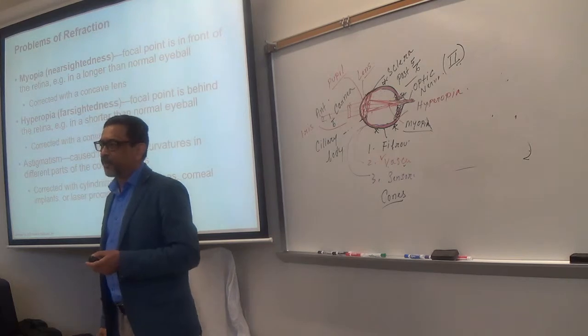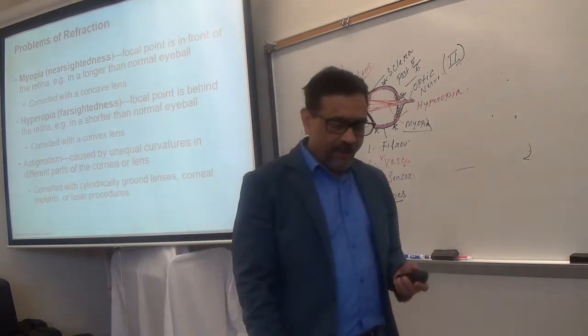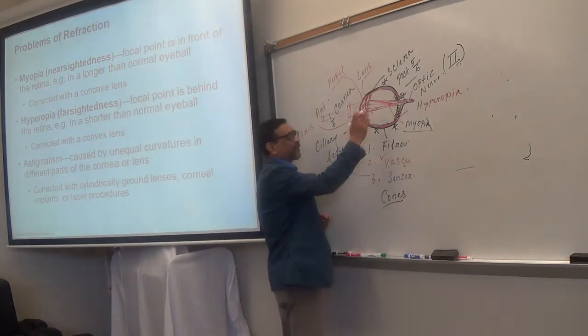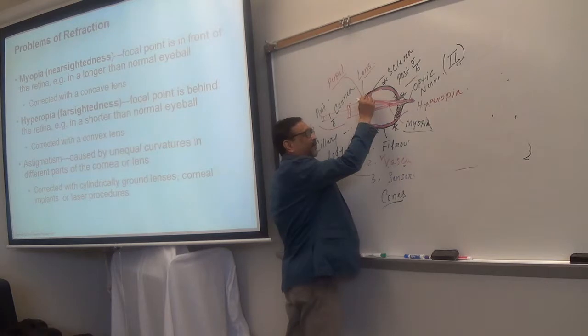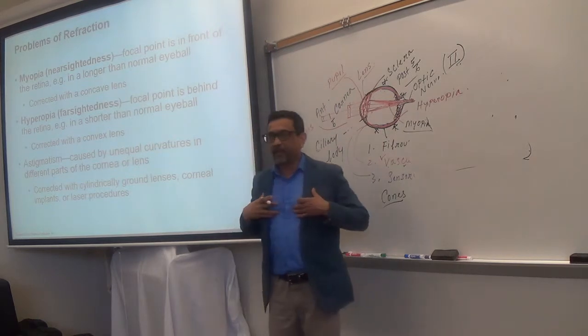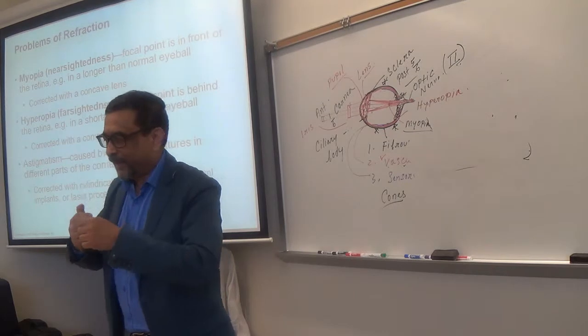Astigmatism can go away, as well as myopia can go away. Sometimes what happens, you see, this is the normal eye, and the lens is fine, focusing the light exactly on the retina, everything is fine. But when the kids suddenly grow, at puberty, the body grows fast, right? What can happen?